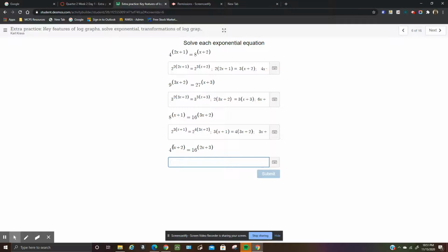And the last one, I notice that I could put this in powers of 2, but if I just put it in powers of 4, I should get the same answer. So 4 exponent x plus 2 equals 4 squared to x plus 3.